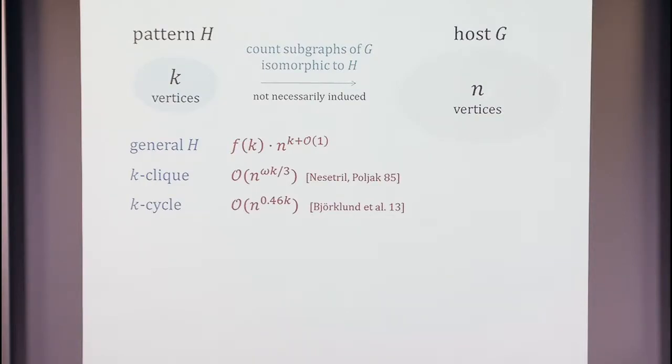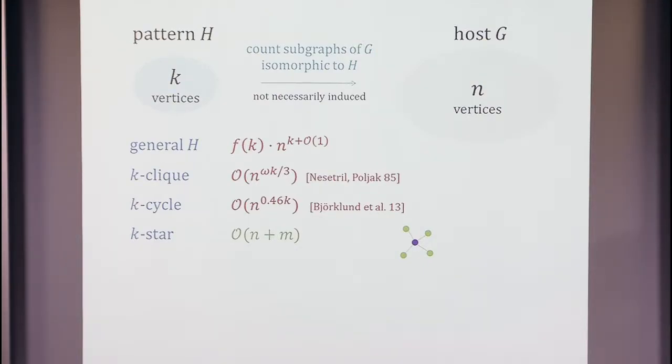All of these algorithms so far actually have running times which are of the form n to the k. Are there also problems where you can get FPT time or maybe even poly time? Yes, there are examples for that as well, but they usually look pretty simple. One example for a pattern graph that you can actually count in polynomial time would be the k star.